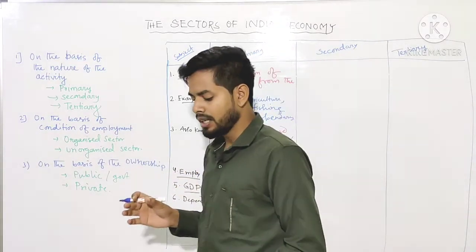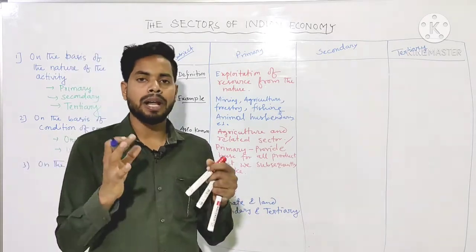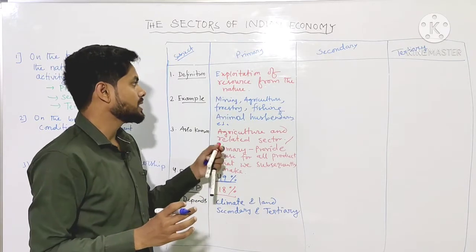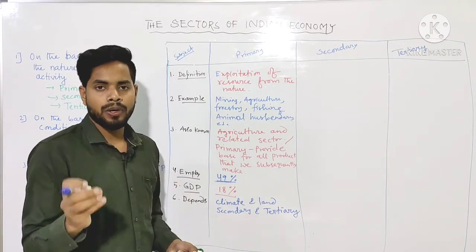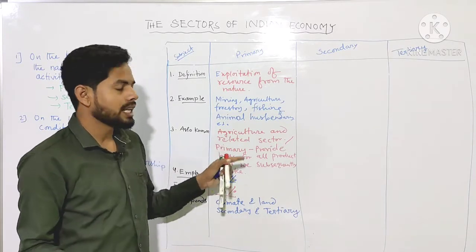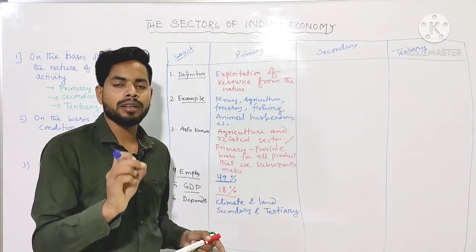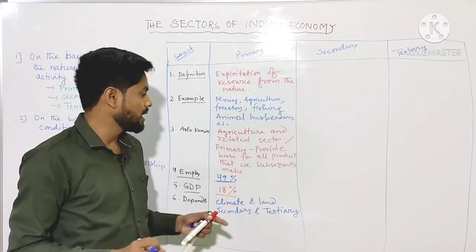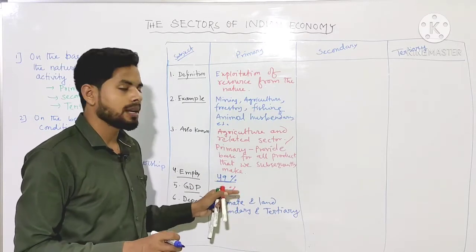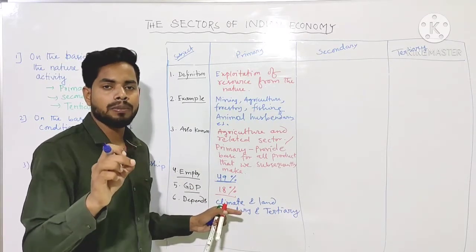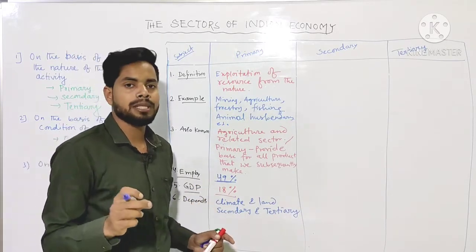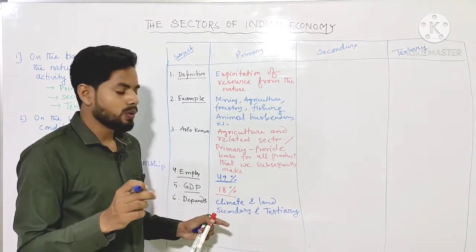So dear students, see all the points. First of all, what is primary activity? Exploitation or extraction of resources from nature. Some examples are farming, mining, forestry, fishing, poultry farming, animal husbandry, etc. It is also known as agriculture and related sector because most of the products we get are from agriculture. How many people are engaged in the primary sector? 49%, or half of the country's people. 18% of GDP is shared by the primary sector towards the country's economy.